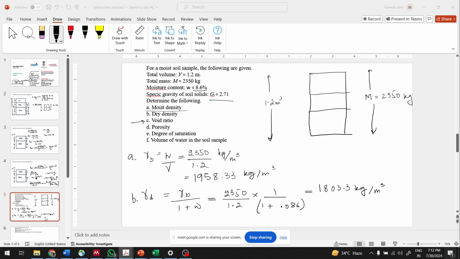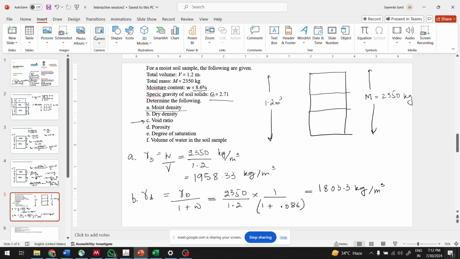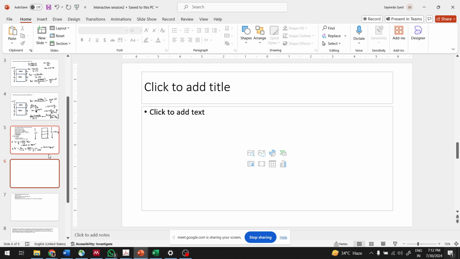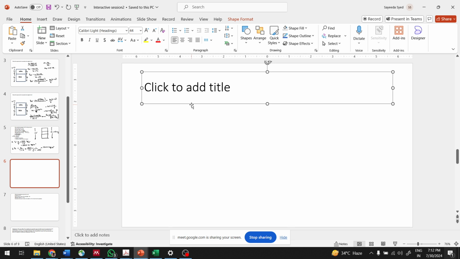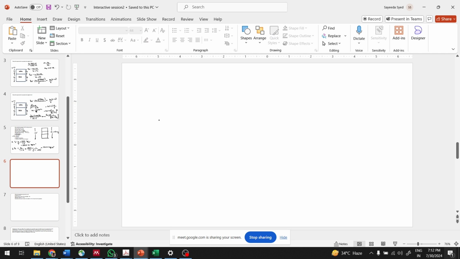Okay, so let's calculate the void ratio. Can anybody at least give me a hint how we can calculate the void ratio?